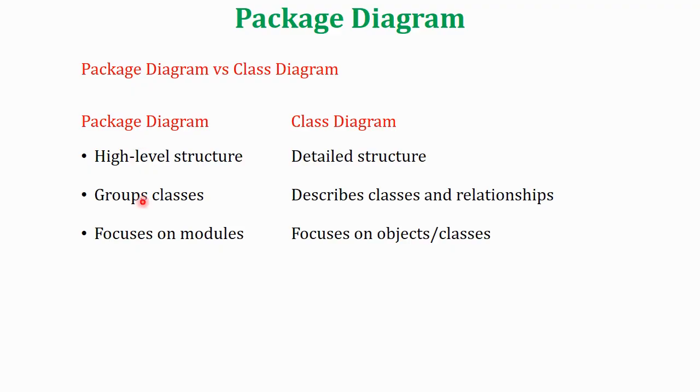The package diagram focuses on the modules, but the class diagram focuses on the objects or classes. So the package diagram will group all the related classes, use cases or functions, and show them as a single folder. So it will simplify the module. With the help of the module, we can simplify the architecture of the diagram, so everyone can easily understand the concept.